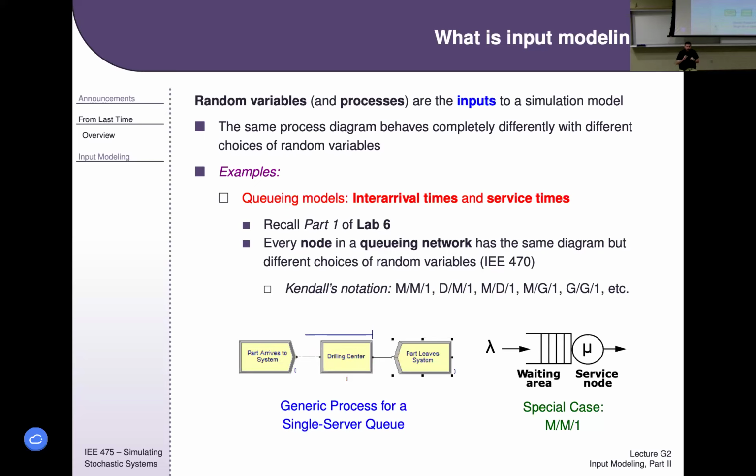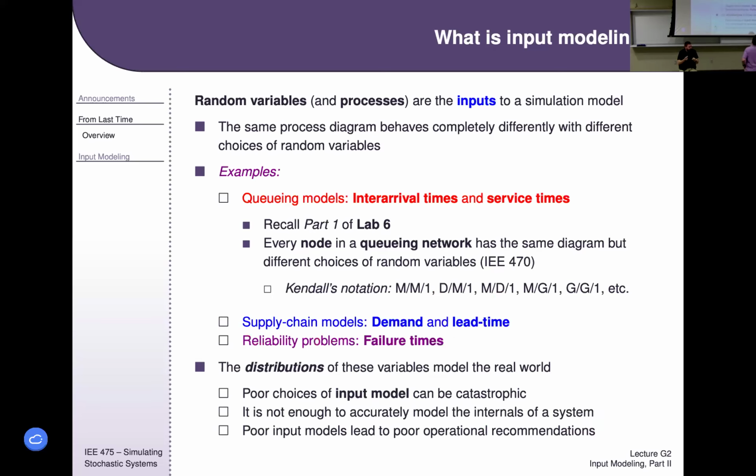So your system is not just the diagram of where things are going. Your system is also the inputs, the probability distributions going into those diagrams. So the examples here: if we give you a queuing model, inter-arrival times and service times, those are definitely the inputs that you're going to need to gather data on.